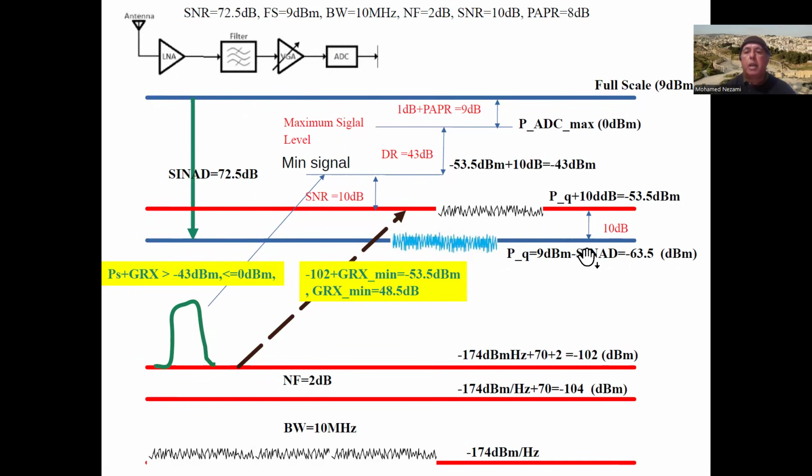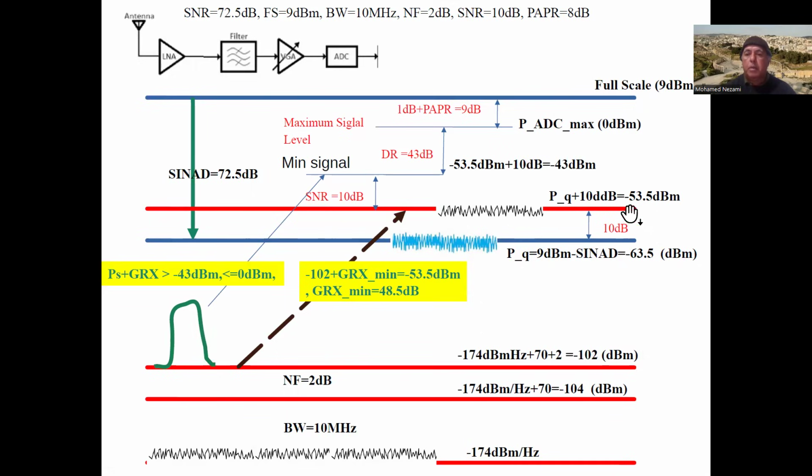Now, realistically, that's good. So we have the quantization noise level at that. But really, what we need to do is always have the thermal noise come up at least, say, 10 dB above the quantization noise, which means if you add 10 dB to minus 63.5 dBm, it will give you minus 53.5 dBm.